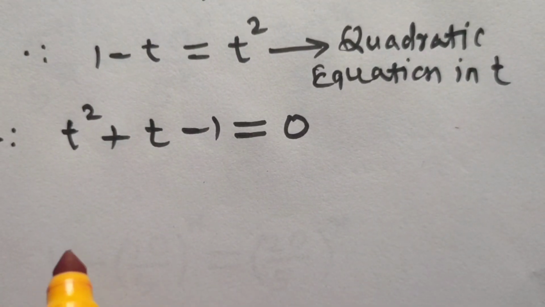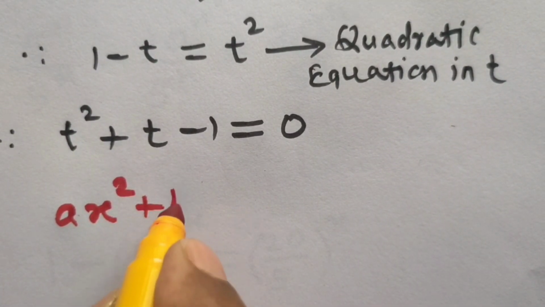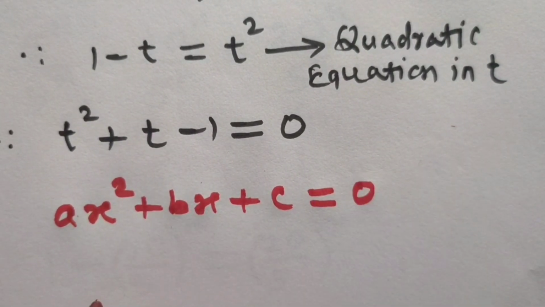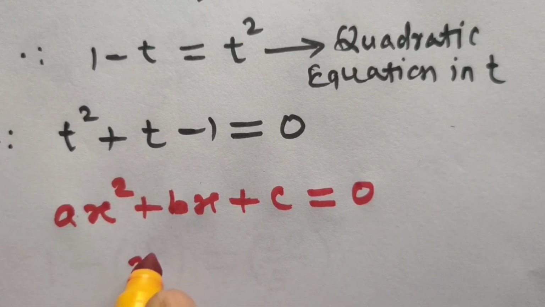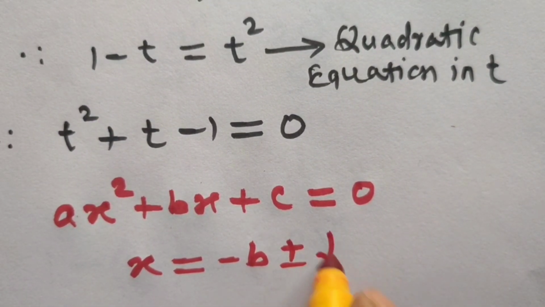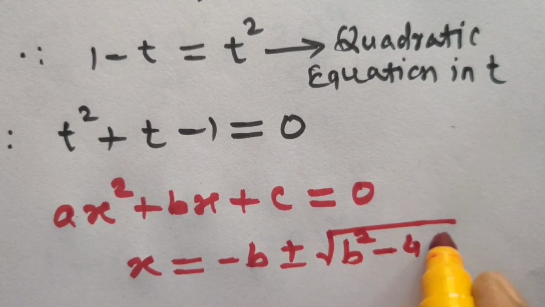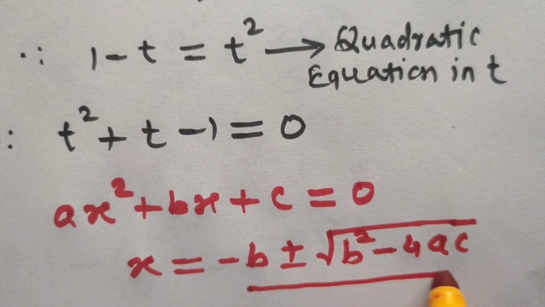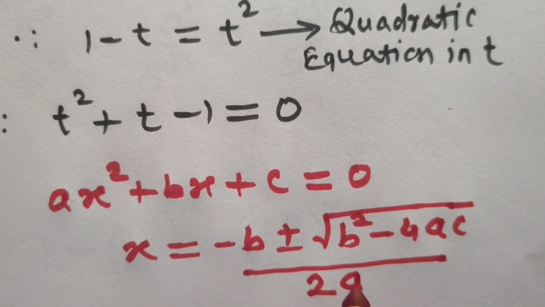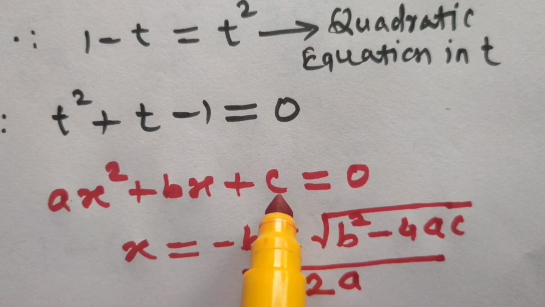We know roots of a quadratic equation ax square plus bx plus c is equal to 0 are given by x is equal to minus b plus or minus square root of b square minus 4ac, whole divided by 2a, where a is the coefficient of the square term, b is the coefficient of x, and c is the constant term.